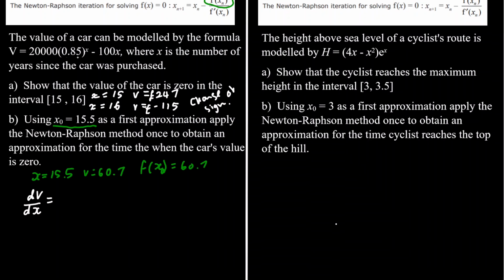When we differentiate something in the form a to the power of x, y is a^x, dy/dx is a^x ln a. So we have dV/dx is 20,000 times 0.85 to the power of x still, but times ln 0.85.